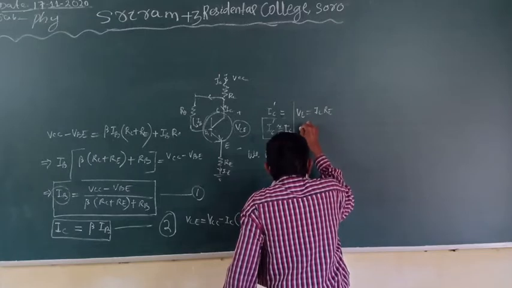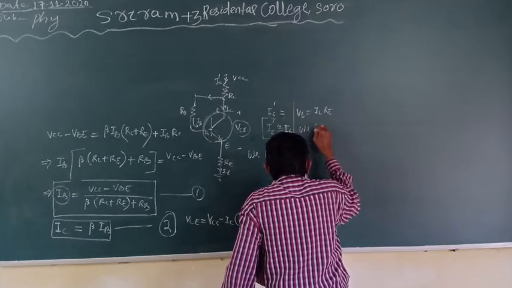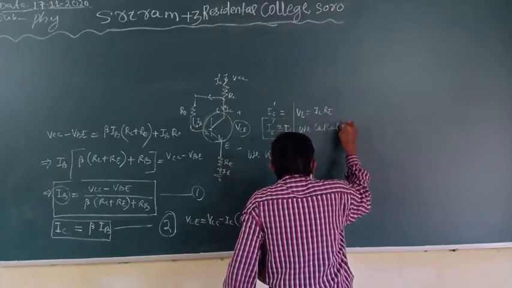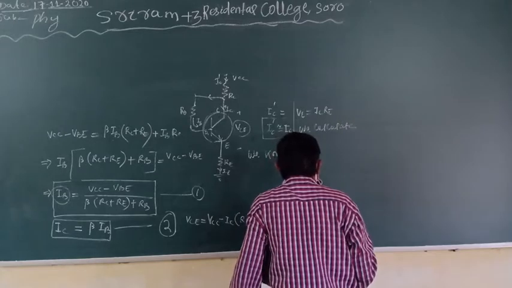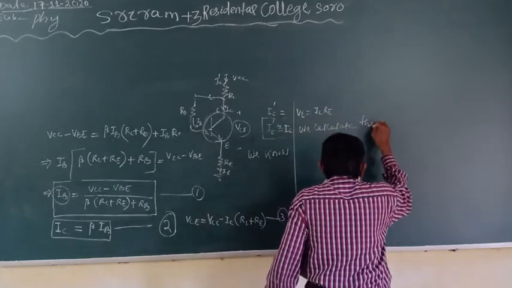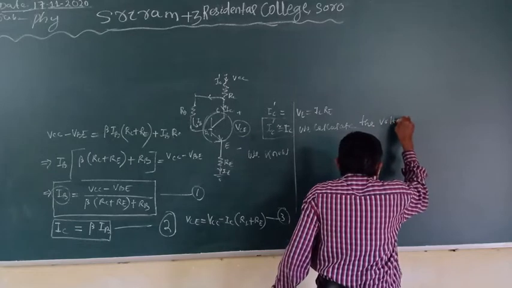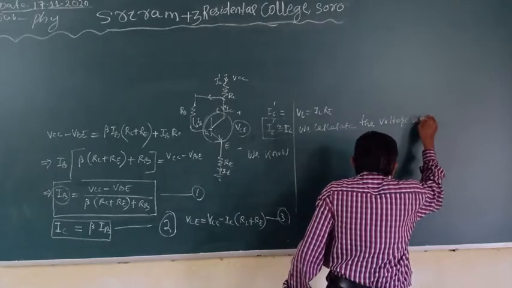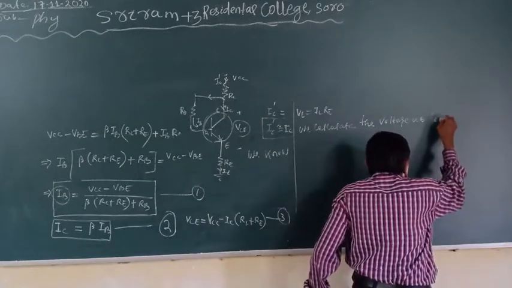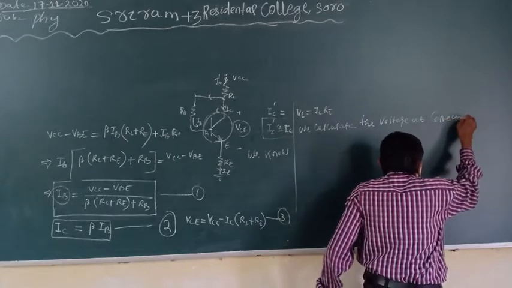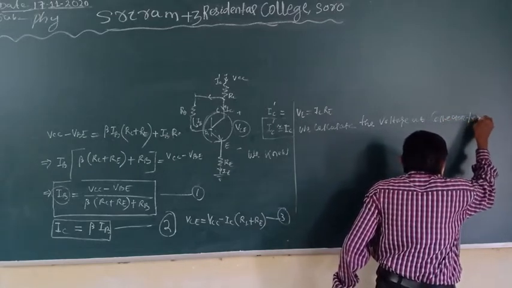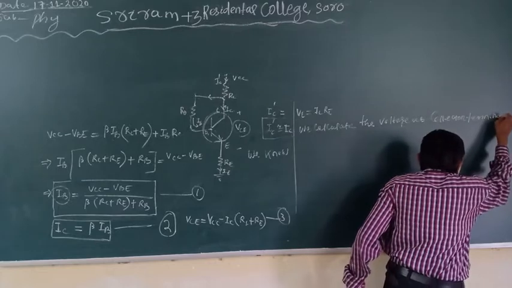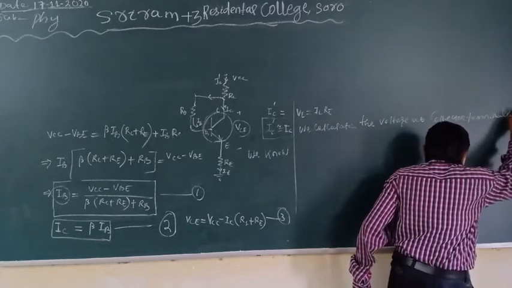Now we calculate the voltage at the collector terminal, VC.